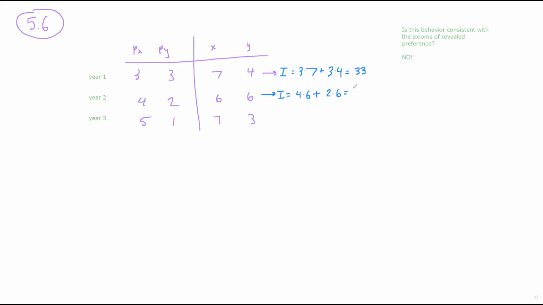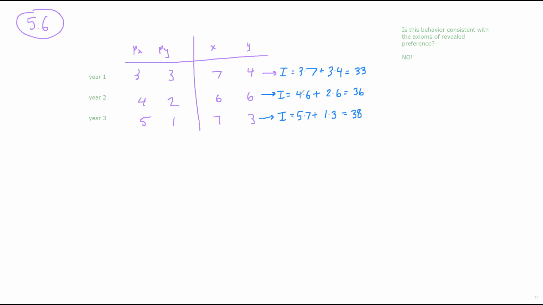And this is $36. And then next we have income equals 7 units of X, $5 each, plus 3 units of Y at $1 each, and this comes out to be $38. So income has increased from moment to moment.